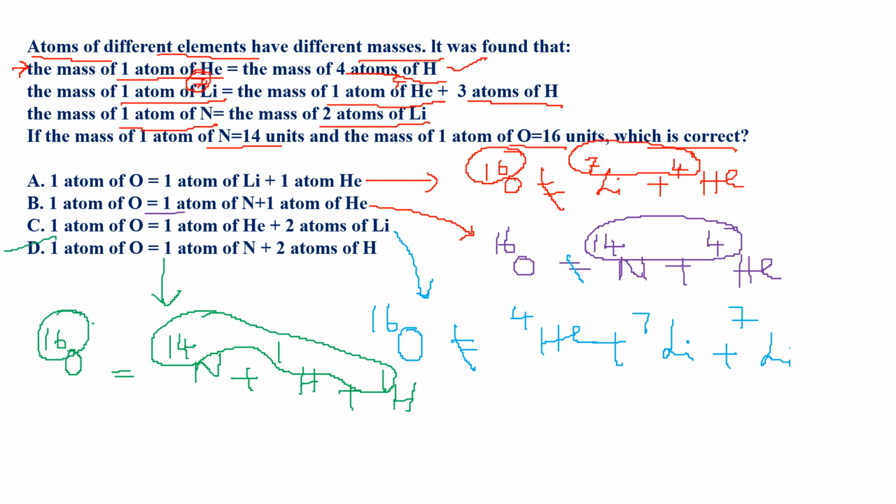So that is why option D is the right answer. The mass of oxygen is 16, nitrogen is 14, then 2 hydrogen atoms, 1 plus 1 plus 14, total 16. Yes, that is equal. So option D is the right answer.